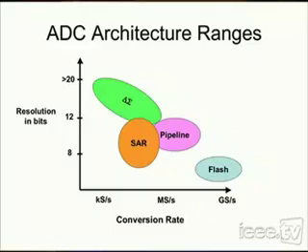And the other thing is it takes the quantization noise and it filters it in a way that it gets shaped out to high frequencies, which allows us to get very, very high resolution. So for a delta sigma converter, they've been demonstrated up to as high as 24, 25 bits, of course for very, very low conversion rate. But for higher conversion rates up to megahertz or megasample per second, in the 12-bit range.